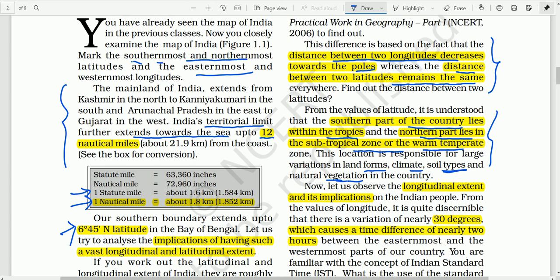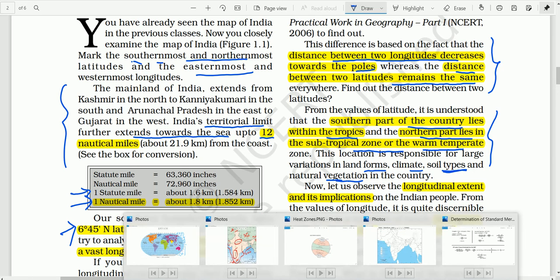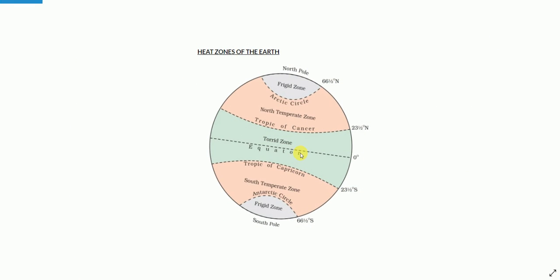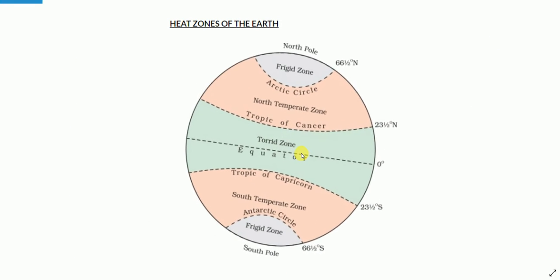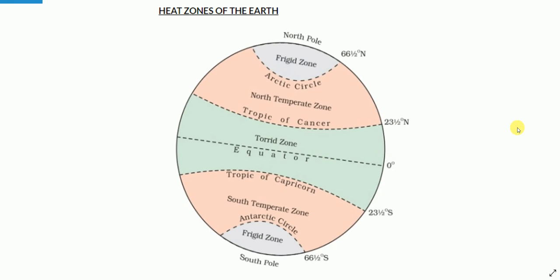Then why is it so? One important point you have to know is, just see here. Do remember these heat zones of the earth. Do you remember this? Just see here.